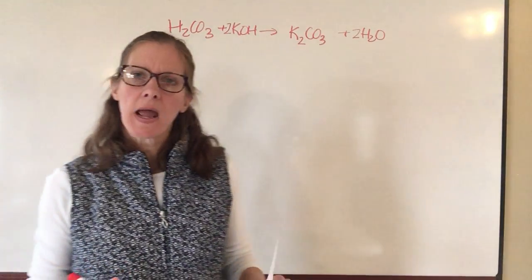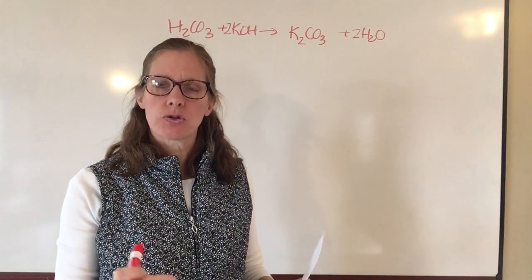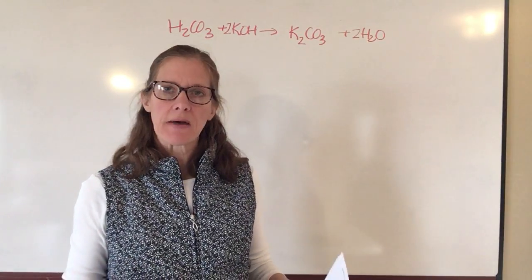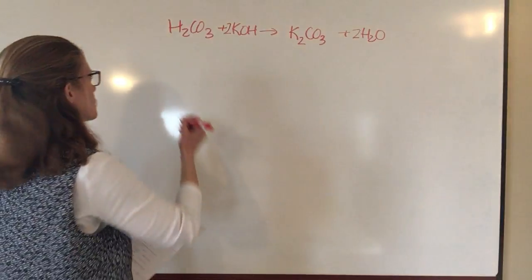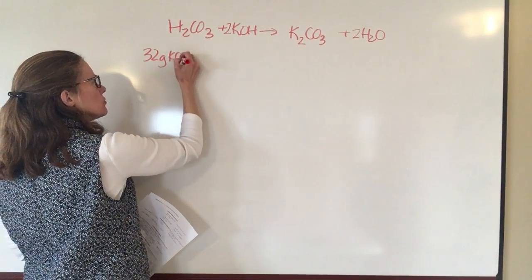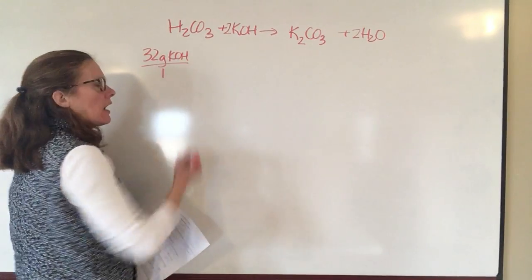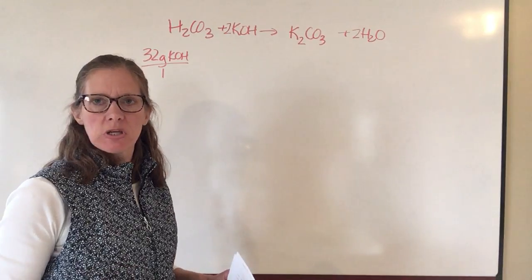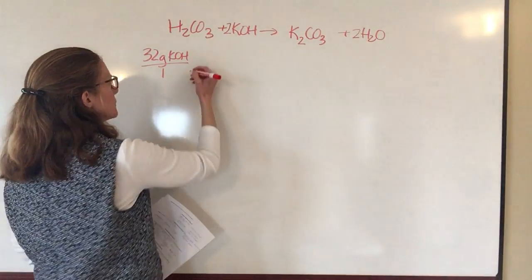Okay? Now that I have a balanced equation, I can do the stoichiometry calculations that go with this. I was told that I have 32 grams of KOH. So I have grams of the given, 32 grams of KOH. Just as we were doing the stoichiometry before, I'm going to take grams of the given and go to moles of the given.